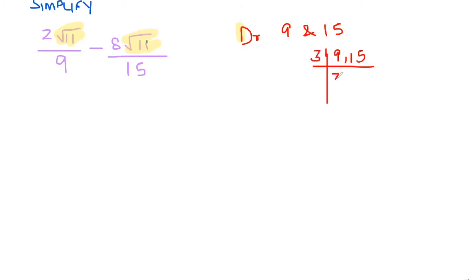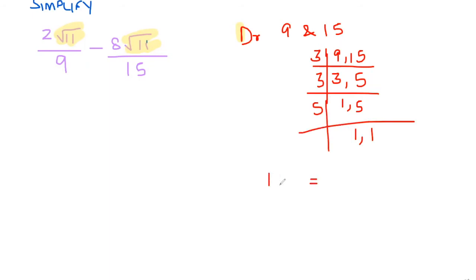So 3 times 3 is 9, 3 times 5 is 15, 3 times 1 and 5 times 1. This will give me the common denominator. LCM here I'll get 3 times 3 times 5, which is 45.